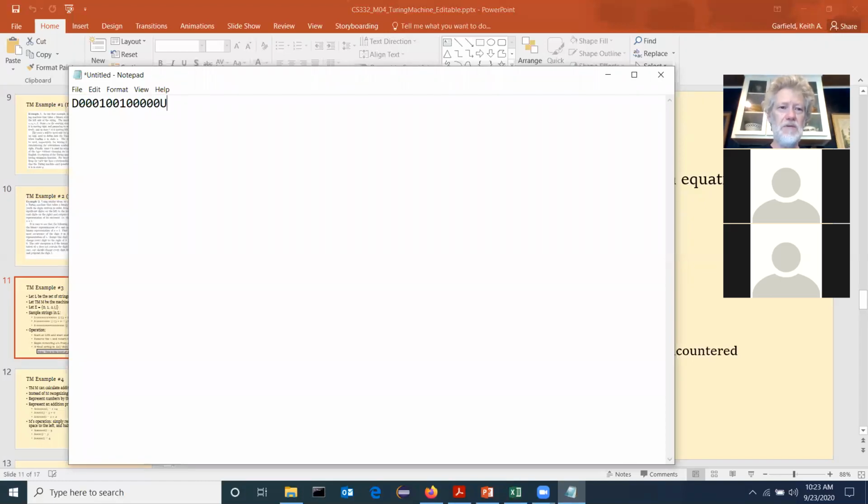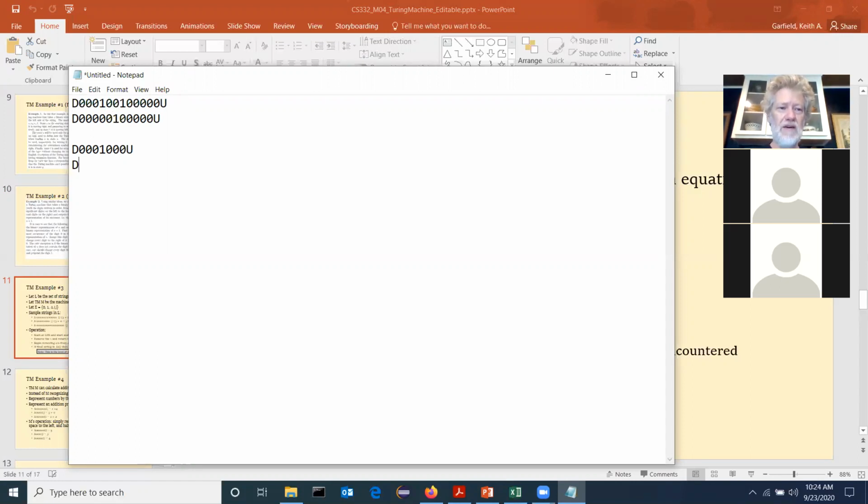And I'm saying the first thing I'm going to do is remove the 1. And then the next thing I'm going to do is go to the right and remove the first 0. Keep going to the right until I see the 1 and remove the first 0. And I'm going to keep doing that.